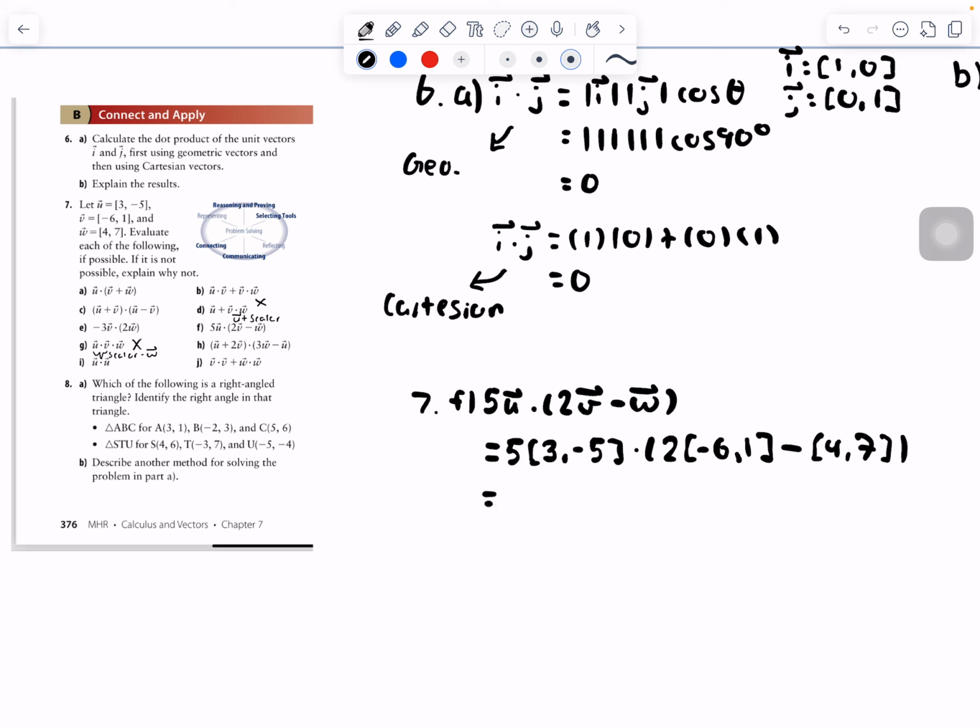Okay, so let's do the scalar multiplication first. We have, that would be 15, negative 25. We have dot.